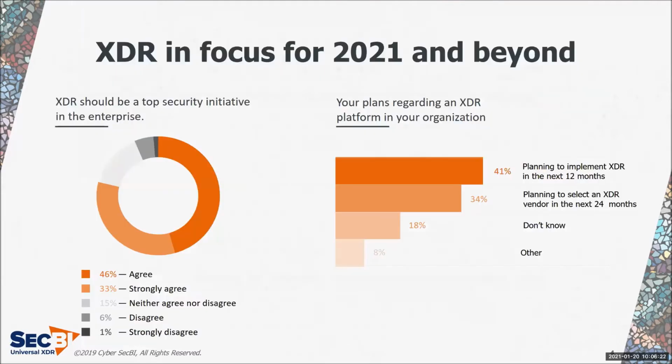And that's where SecBI comes into play. Therefore, we surveyed about 200 CISOs worldwide in the past 3 months. And we see that about 75%, 79% strongly agree that XDR should be a top security initiative. Not only that, they have specific plans over the next 24 months to implement an XDR solution.